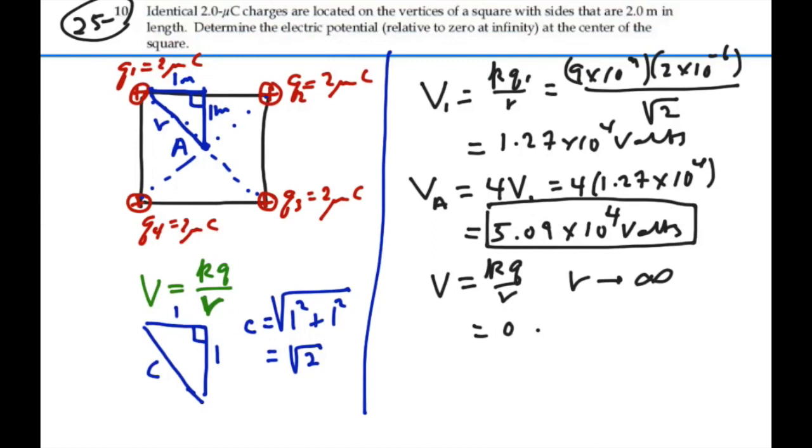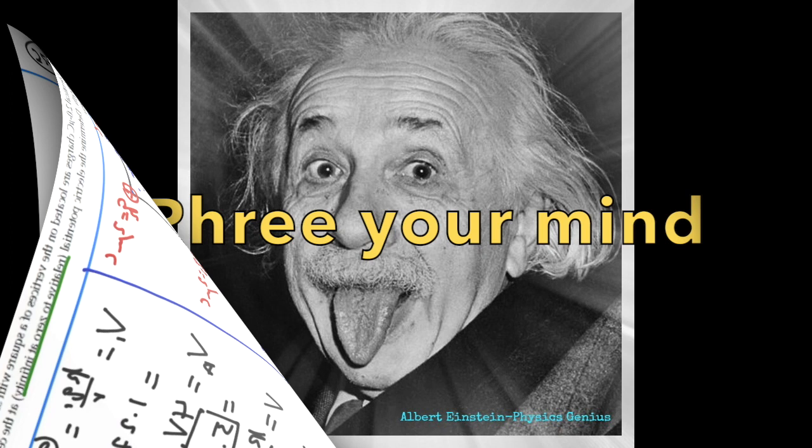So our point B, infinity, is 0, and hence the difference in potential between our point A and that point will still be 5.09 times 10 to the 4 volts. So the idea of relative to 0 at infinity just means that whatever potential we get at this point is going to be the electric potential relative to 0 at infinity.